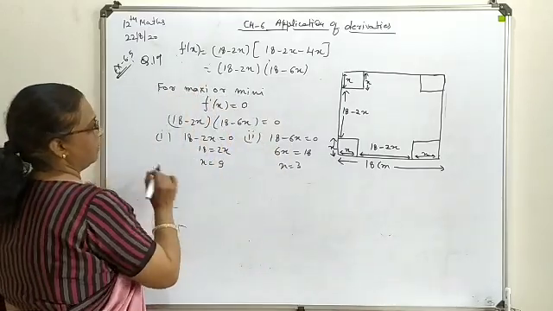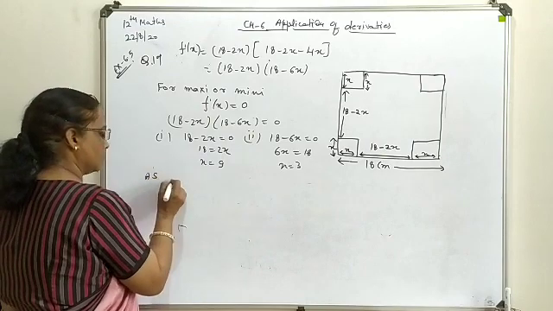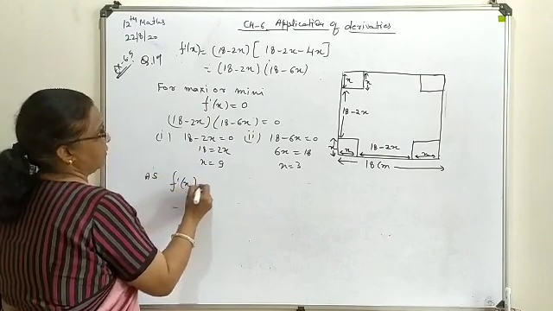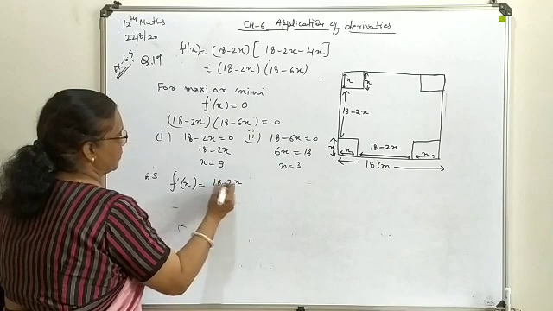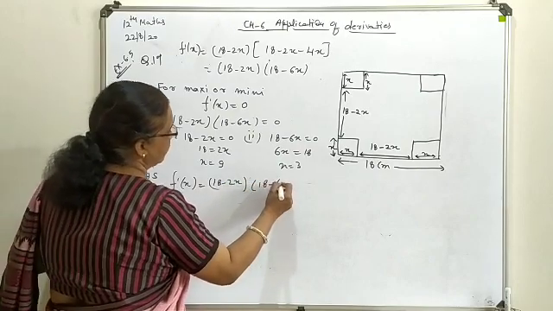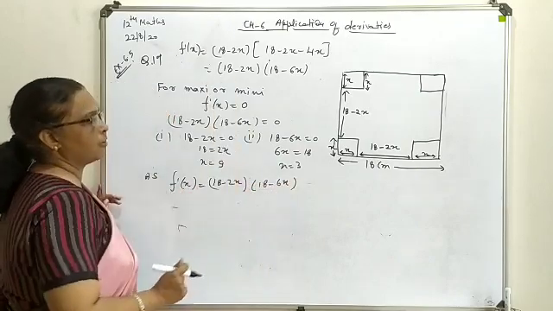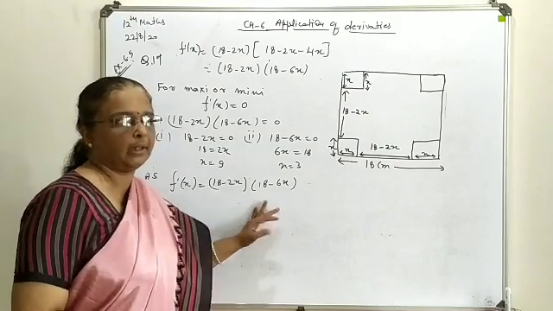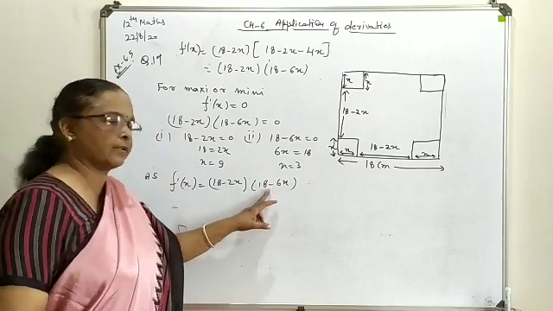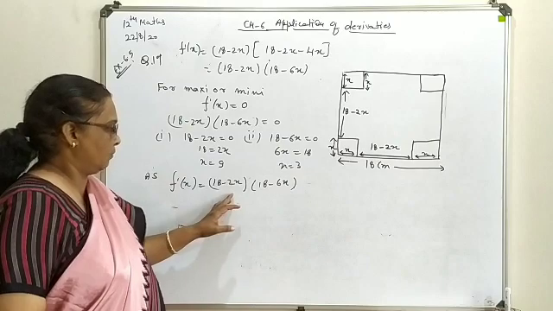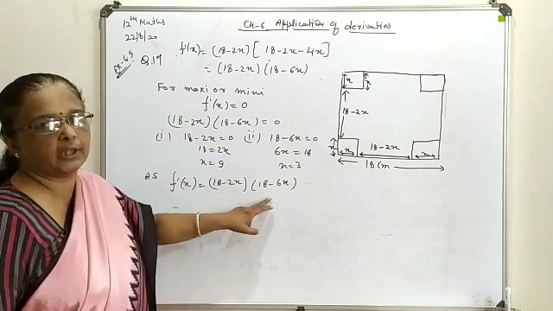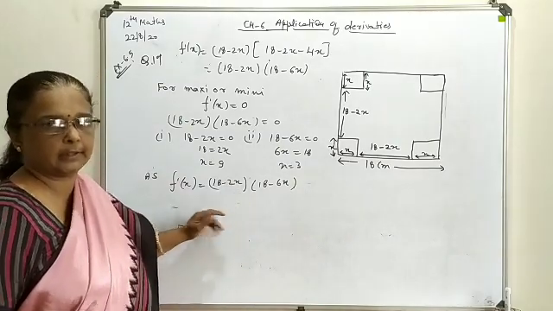Now our first derivative was f dash x, 18 minus 2x and 18 minus 6x. As such, with the expression you can move, or this way also it can be handled. Here you see these two brackets are written with the x variable. So the product rule you will implement for writing the derivative.